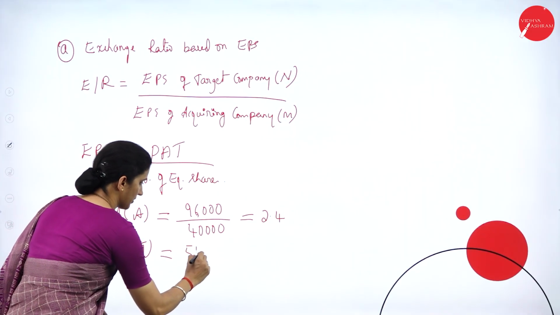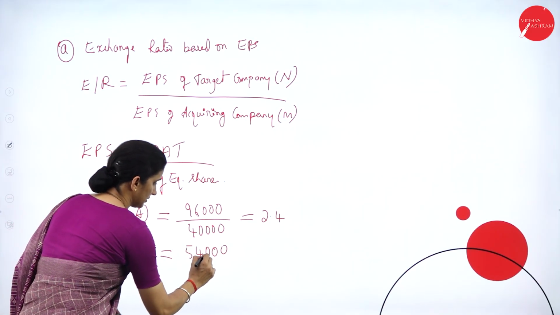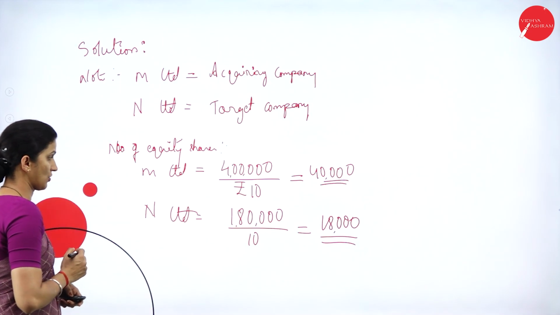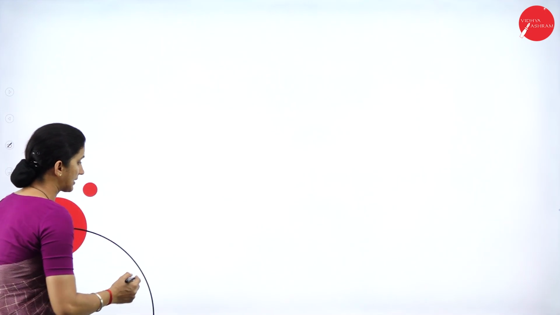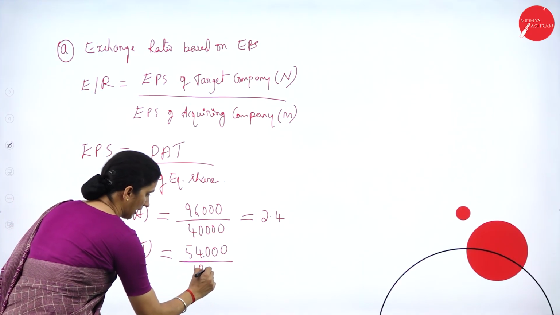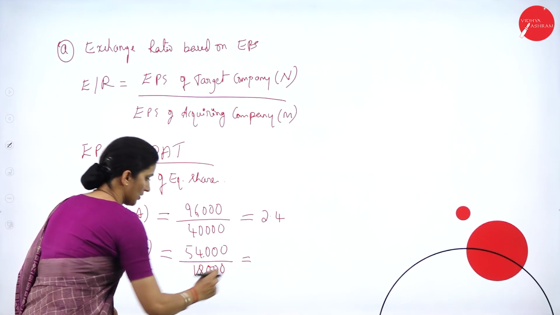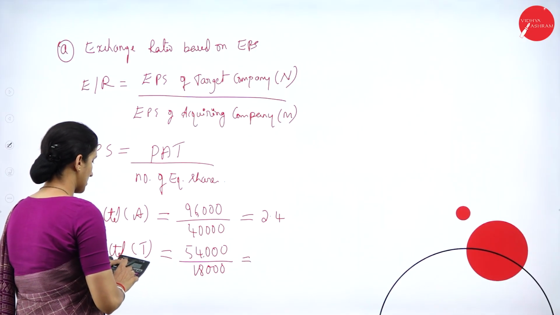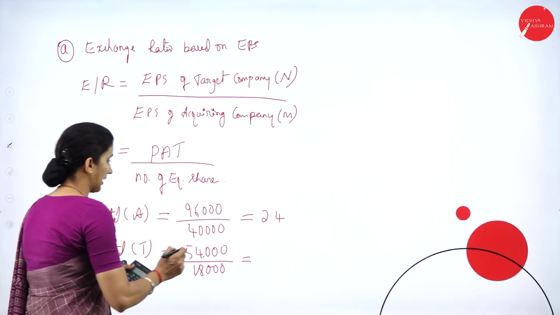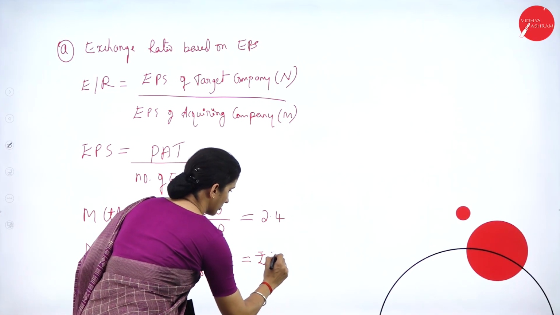So 54,000 divided by the number of shares of N Limited that we have calculated here, 18,000. So your EPS for N is 54,000 divided by 18,000, which is rupees 3.